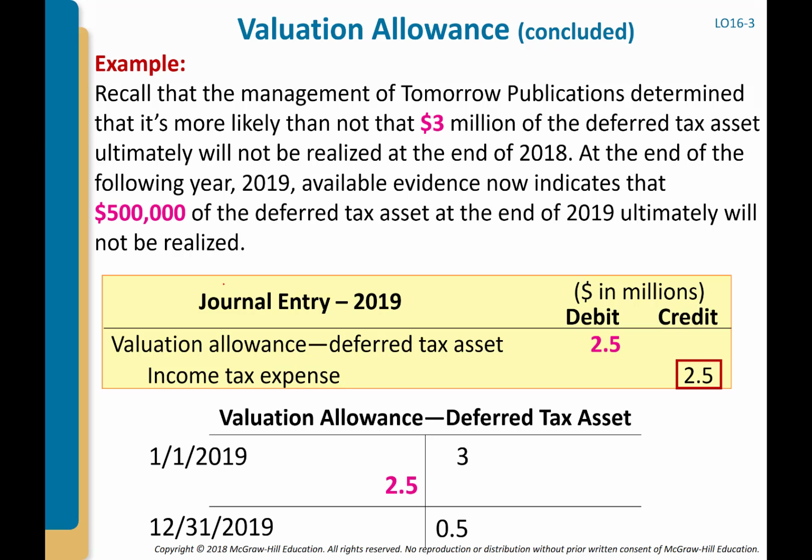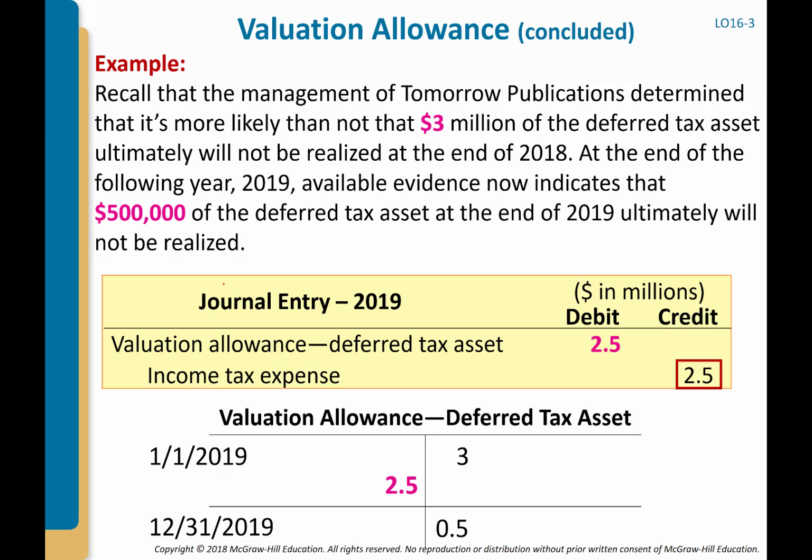Based on what we think we'll collect, we make an adjustment to the valuation allowance on one side, and the other side goes to our tax expense, because how we calculated our tax expense when we put it into the asset category was affected, right? So instead of making an adjustment straight to the deferred tax asset, we make it to the valuation allowance, and the resulting adjustment goes to our tax expense, which is how it went when we had set it up to begin with.